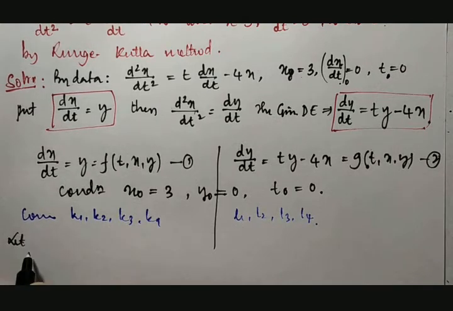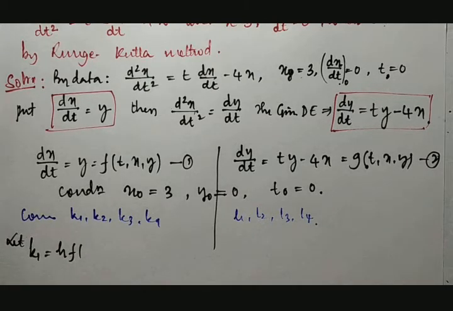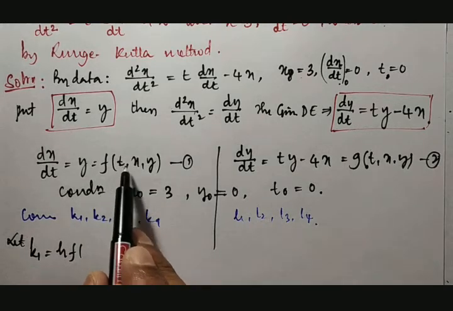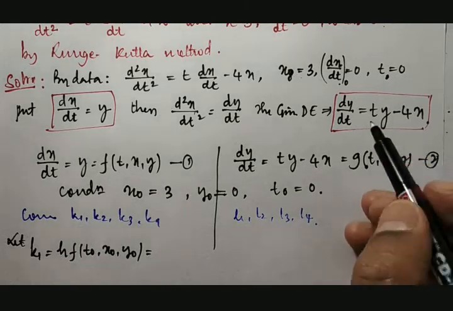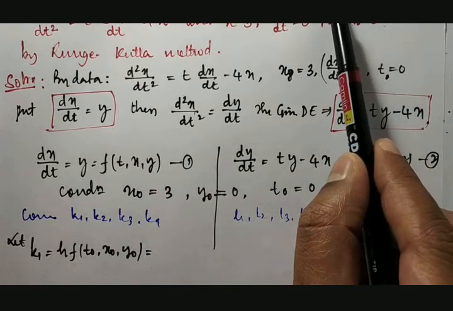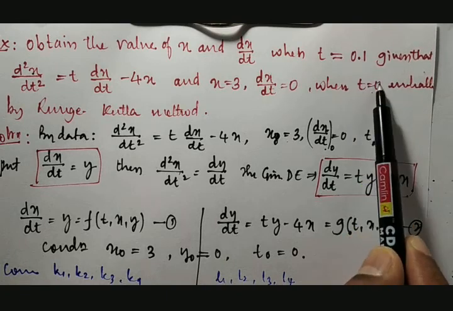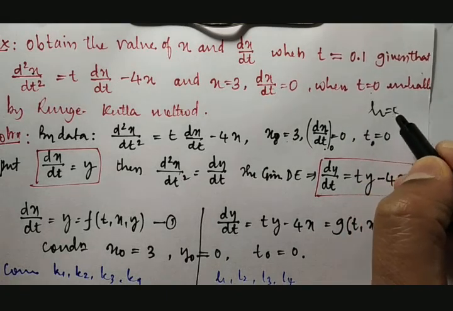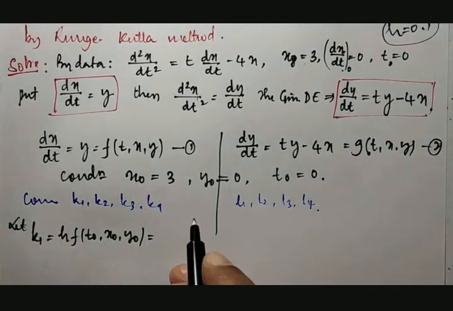Let us start with K1. What is K1? h into f of, earlier we used to take x0, y0, z0, but here we have to be careful. Now it is t0, x0, y0. So what is h now? We need to calculate the value of x at the rate of 0.1 where the initial value of t is 0. Therefore here h is equal to 0.1.